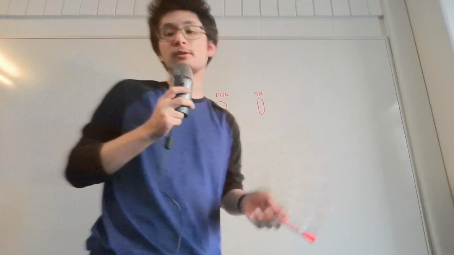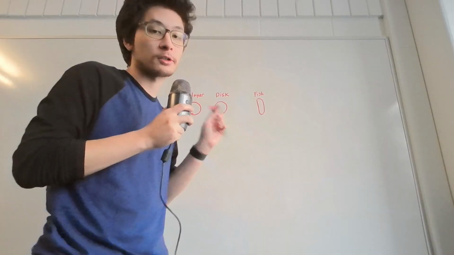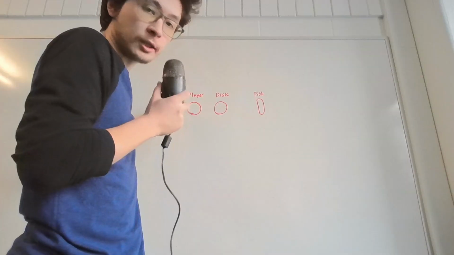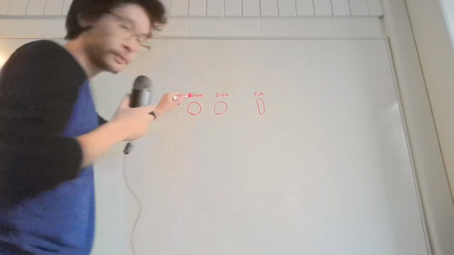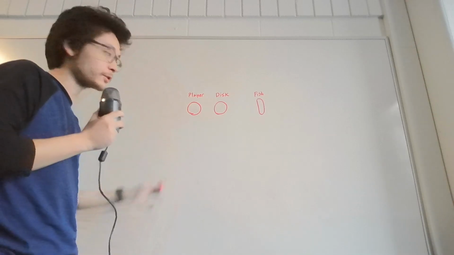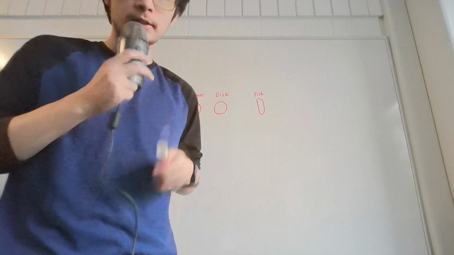Because for each of the three, I put a sprite over top, and I just want to talk about how they work. So to start off, the player is a standard circle.